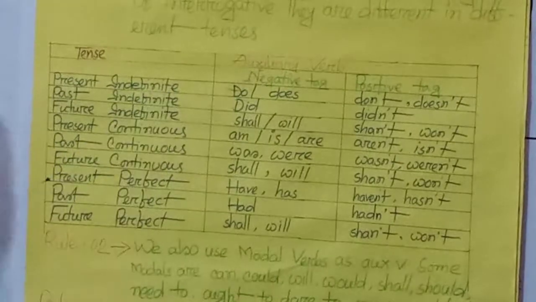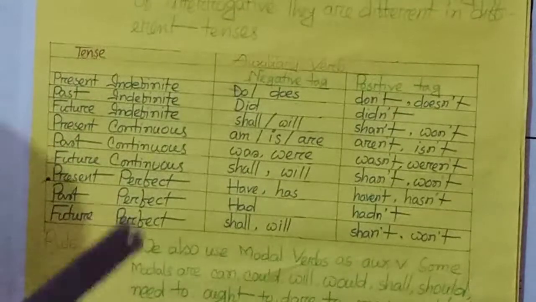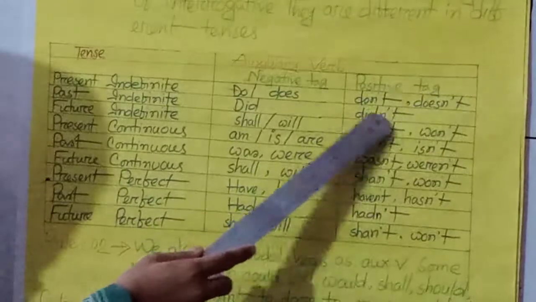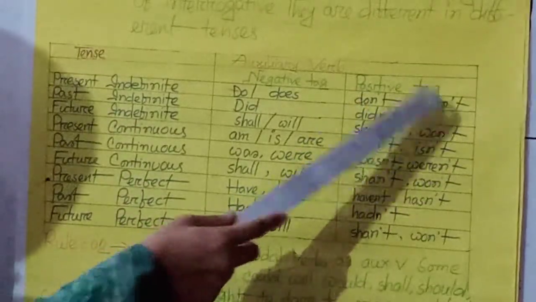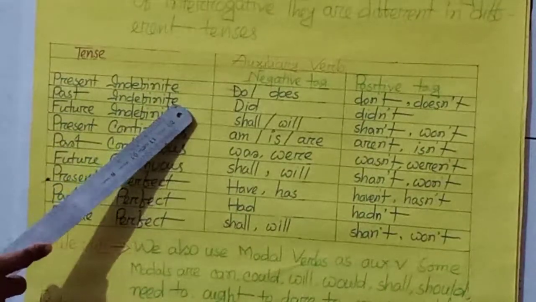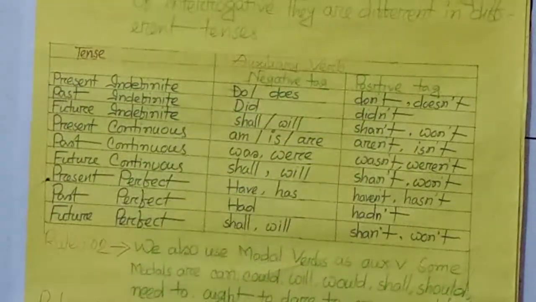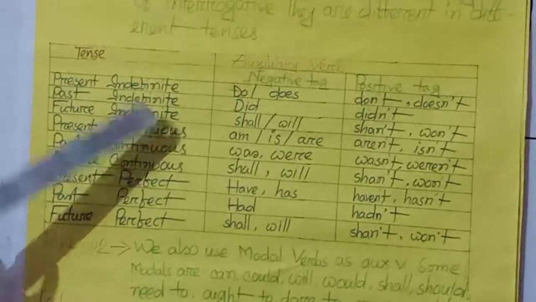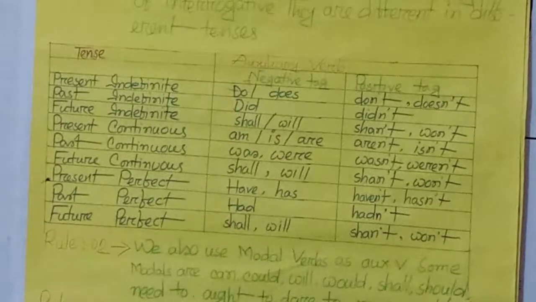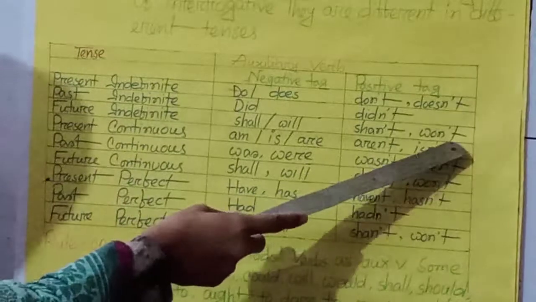In present indefinite tense, we use do or does in the case of a positive tag, and we use don't, doesn't in the case of a negative tag. Then past indefinite: we use did and didn't. Then future indefinite: we use shall or will, and for negative, shan't and won't.